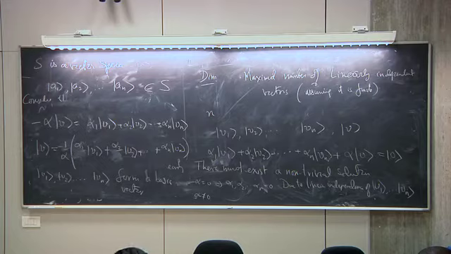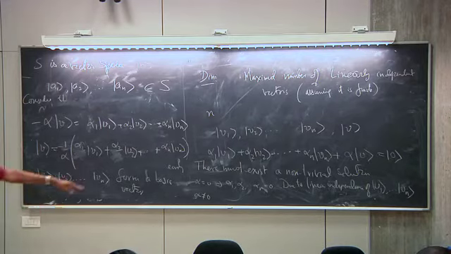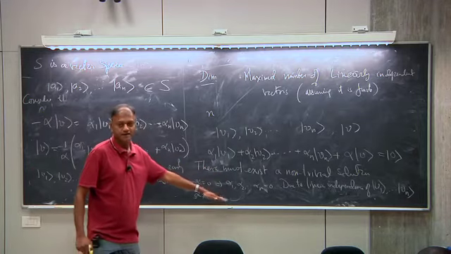Any questions? This is a very important notion of linear independence and the basis vectors and so on, the dimension of the vector space. Is this logic clear? I mean, this argument. Any questions on that?